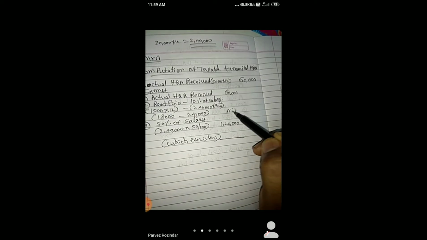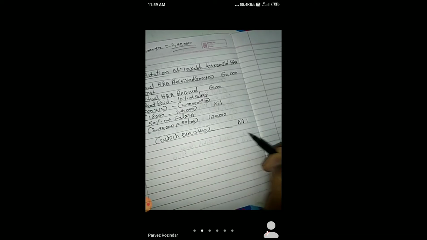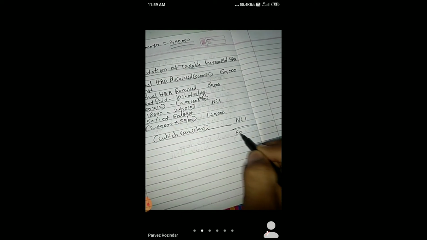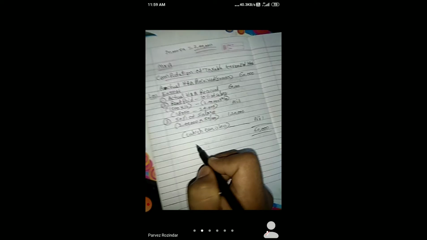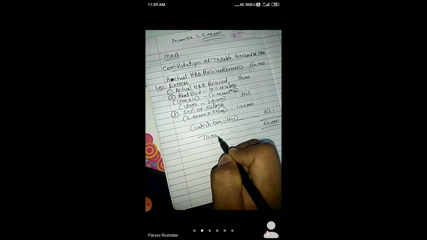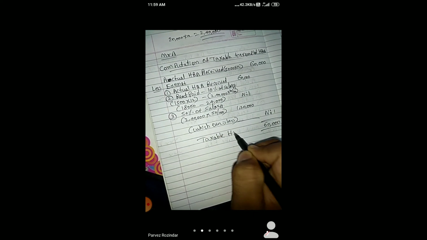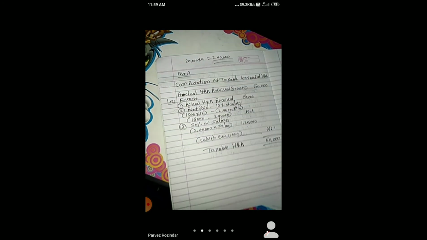Which is less? Nil is exempted. The taxable is 60,000. This is the taxable HRA of Mr. A.